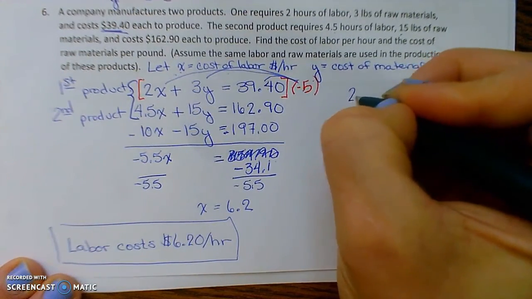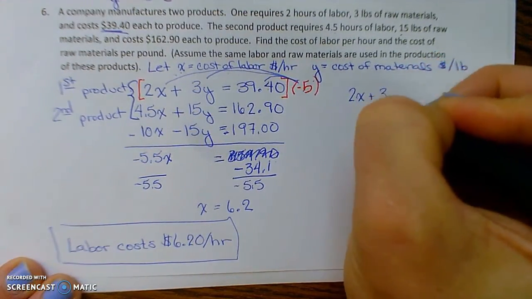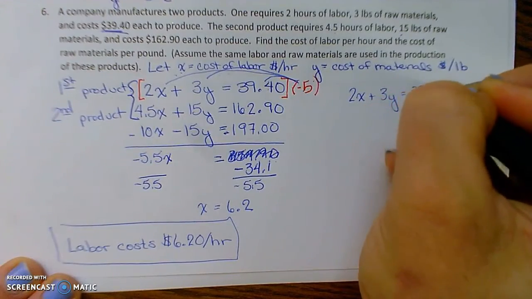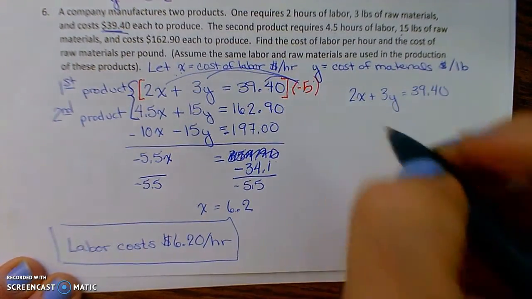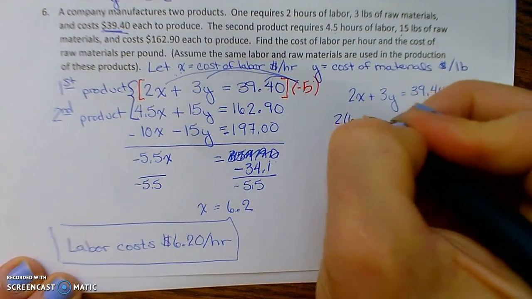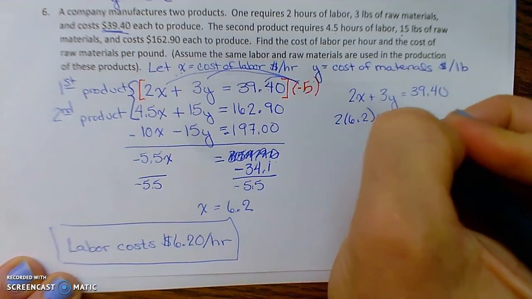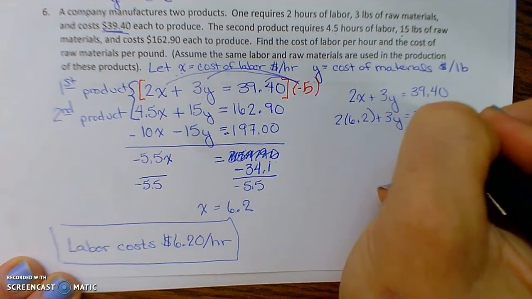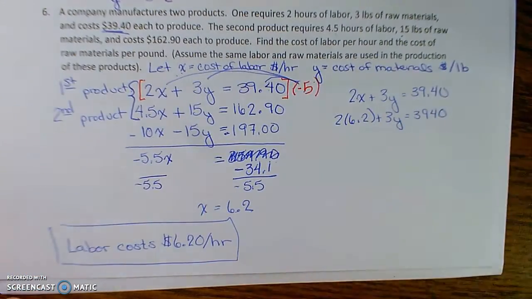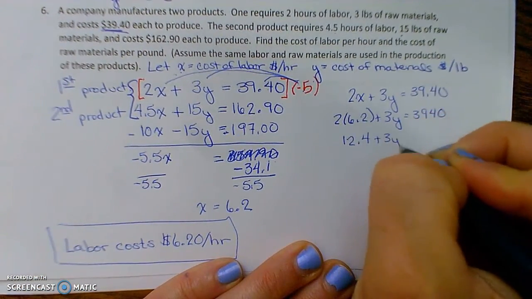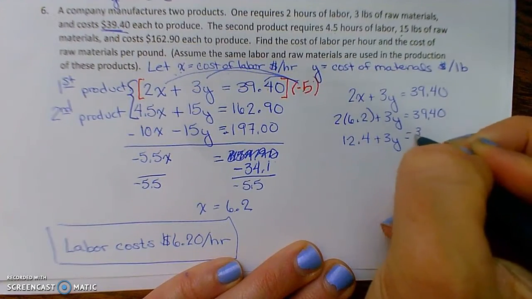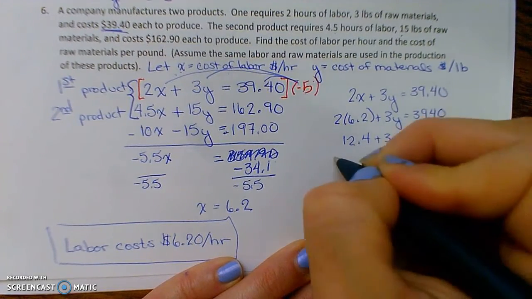The first one says 2x plus 3y equals 39.40. I'll plug in 6.2 for x. So that'll be 12.4 plus 3y equals 39.40.